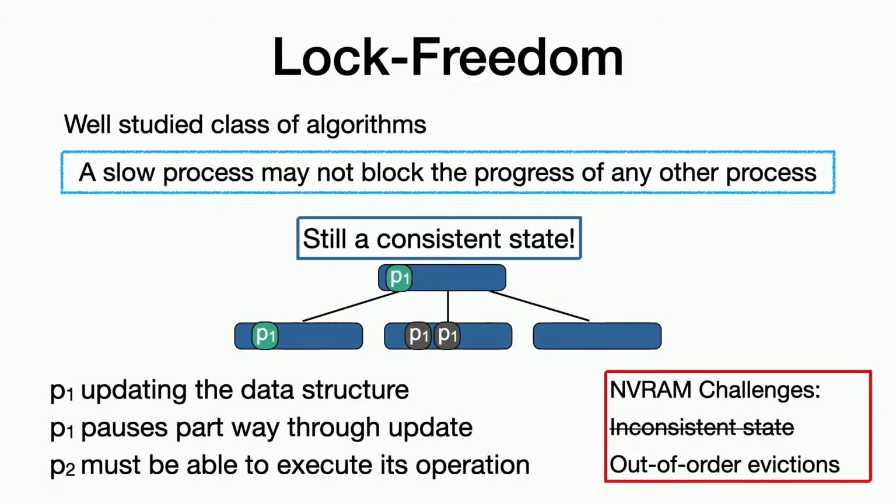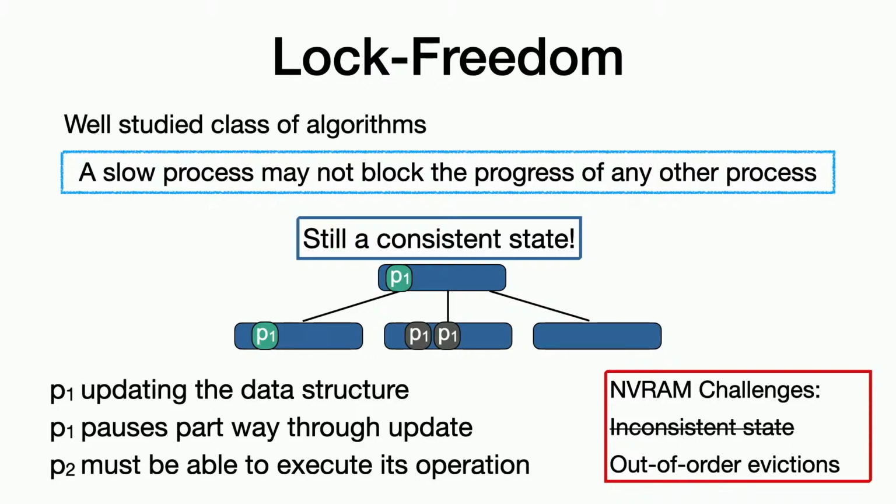If you have out-of-order evictions and you find your memory in a state where the later operations have persisted and the earlier ones haven't, you'd be very confused. You can't deal with that with just lock freedom. So we're left with handling these out-of-order evictions, and that's what I'll be discussing for the rest of the talk. How do you handle these evictions?